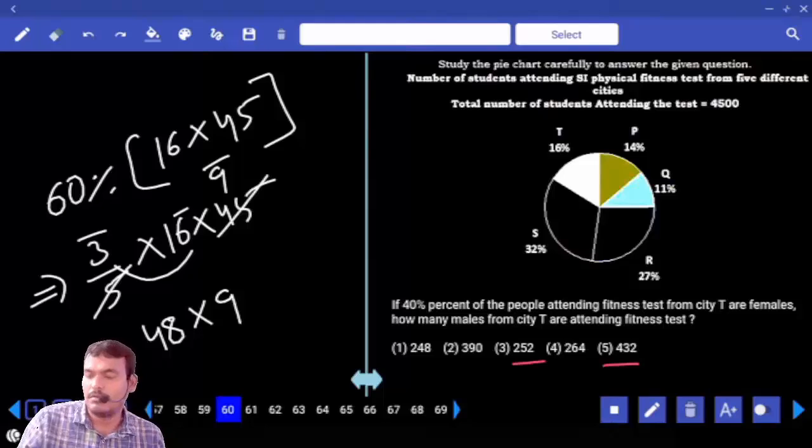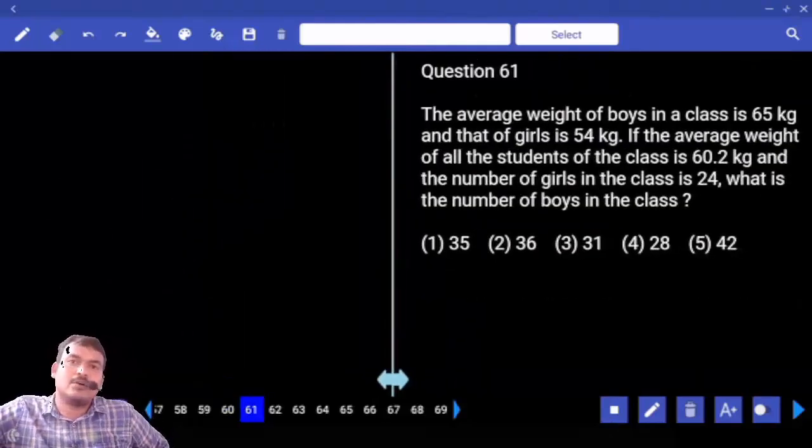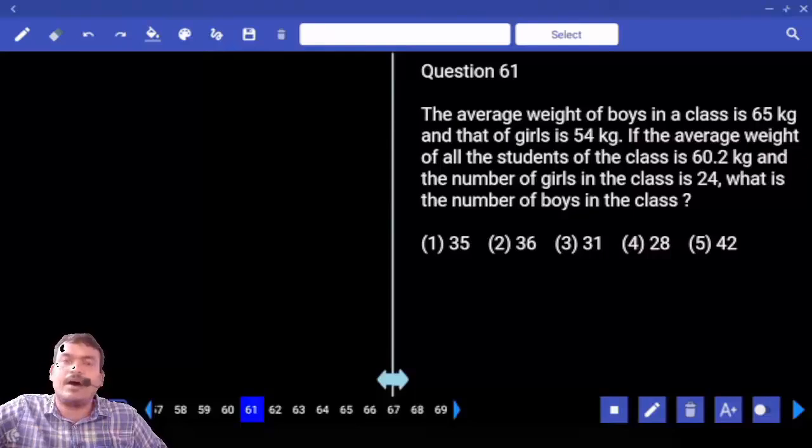Which option? The average weight of the boys in a class is 65 kgs and that of the girls is 54 kgs. If the average weight of all the students of the class is 60.2 kgs and the number of girls in the class is 24, what is the question here? What is the number of boys in the class?